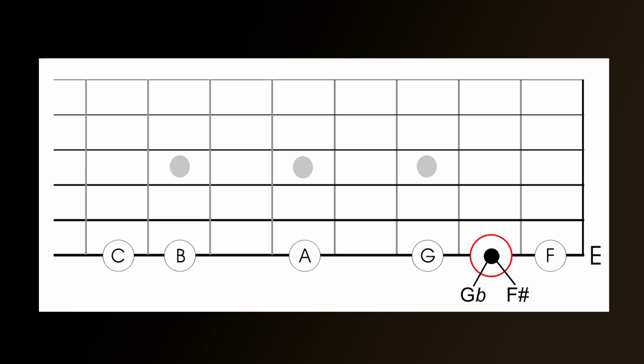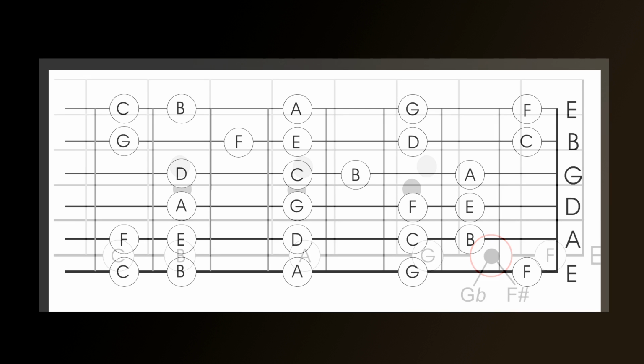If you take the F up by 1 fret, it becomes F sharp, and that is in the 2nd fret. However, if you take the G down 1 fret, it becomes G flat. This is also in the 2nd fret. This means you can have 1 note or 1 chord with 2 potential names, and that name would be decided by the key signature, but this is a lesson for a later date.